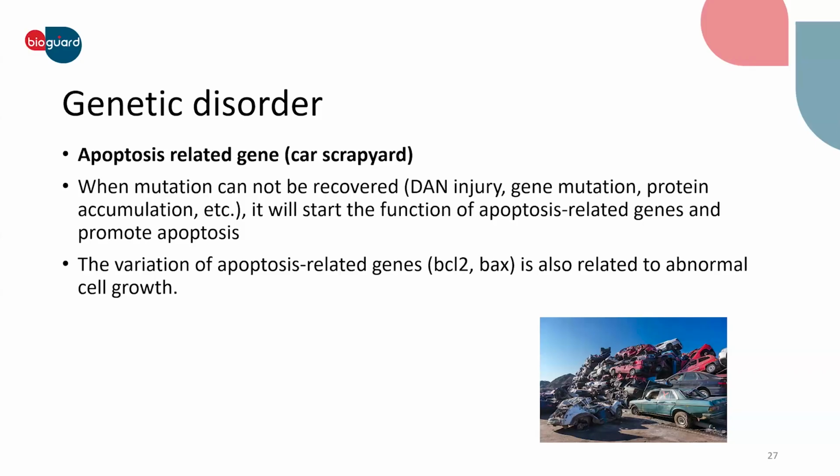If these genes are mutated, for example, BCL2 is overactive or BAX is lost, damaged cells may avoid destruction, continue dividing, and become cancerous. So when apoptosis fails, it removes the last line of defense, allowing abnormal cells to survive and form tumors.